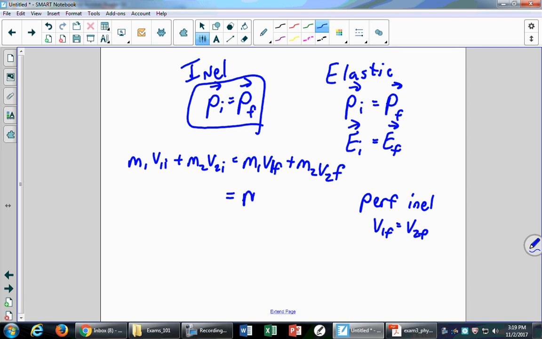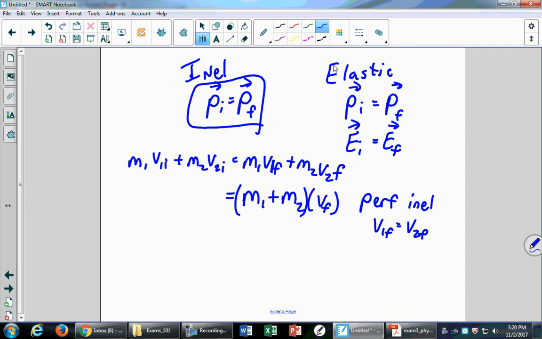And so that's why we say M1 plus M2 times VF, because both particles have the same speed. It's really just saying this is equal to this, so I can factor it out. Those problems are actually easier to solve because you have fewer variables in them.